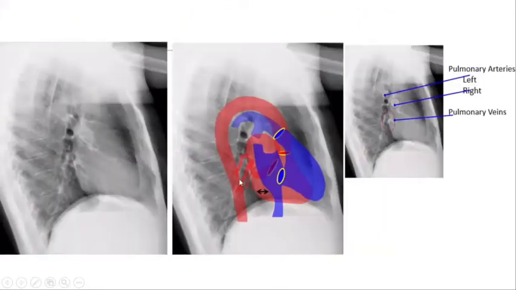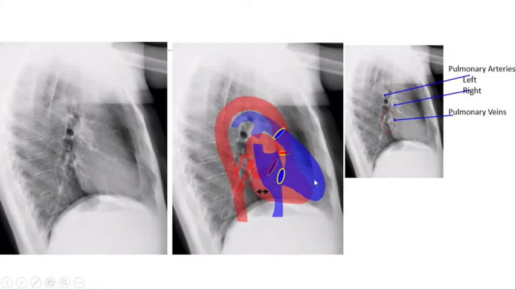Now let's have a revision of the lateral view of the chest, and I will recall the structures. Anteriorly is the right ventricle, and this is the right atrium. Similarly, inferiorly is the left ventricle, and superior to the left ventricle is the left atrium. Always keep in mind that the right chambers of the heart are completely anterior in comparison to the left chambers of the heart, while the atrium is superior in comparison to the ventricle.